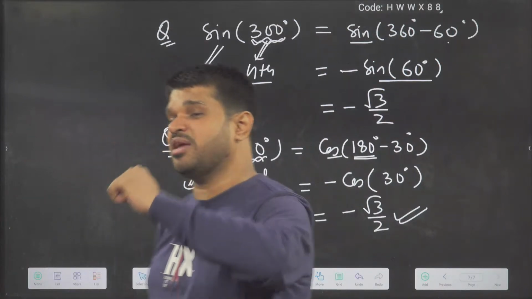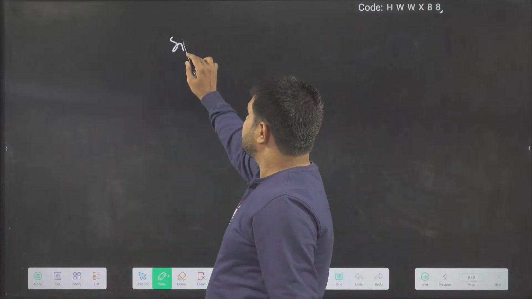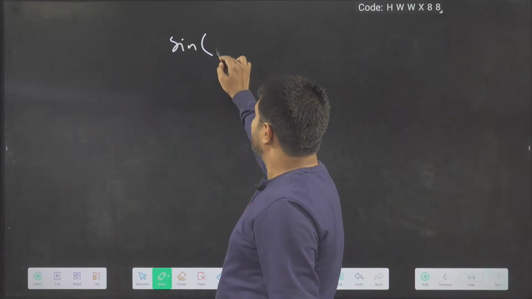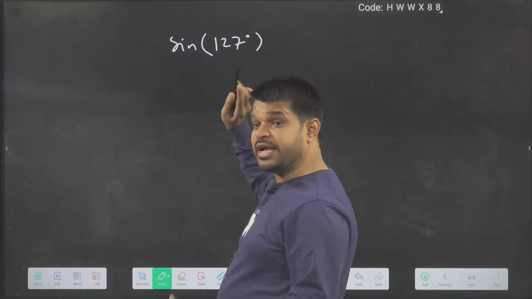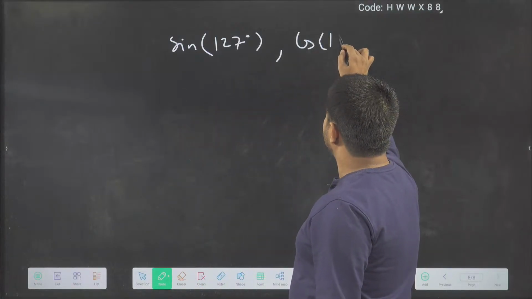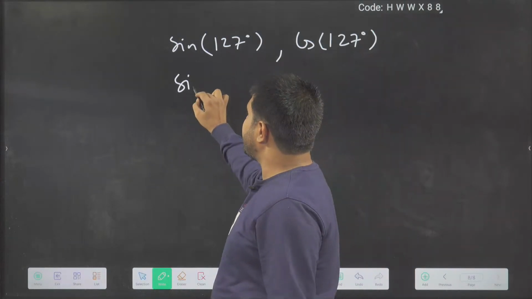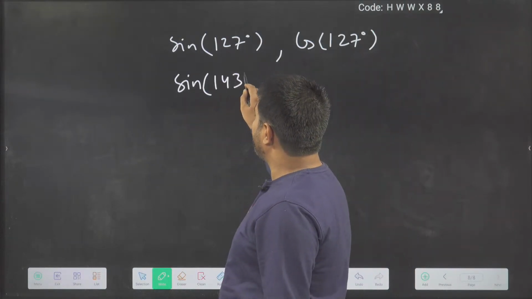Acha, one homework I am giving. 4 homeworks. Okay. Sine 127. Think how to do. Cos 127. Okay. Sine 143 degree.